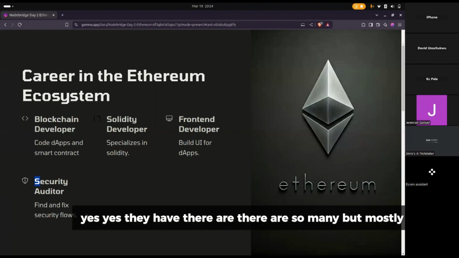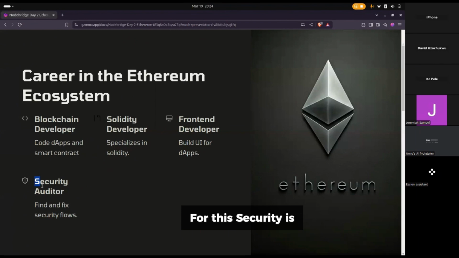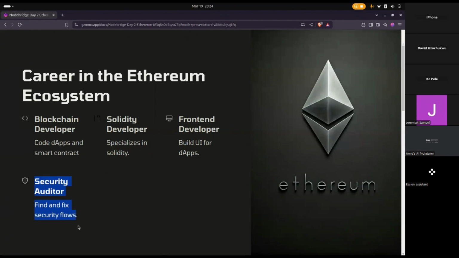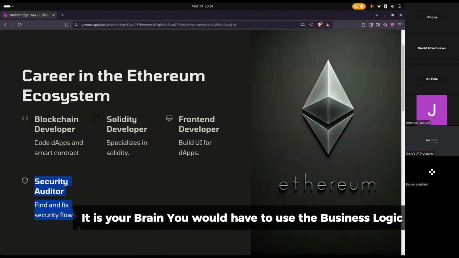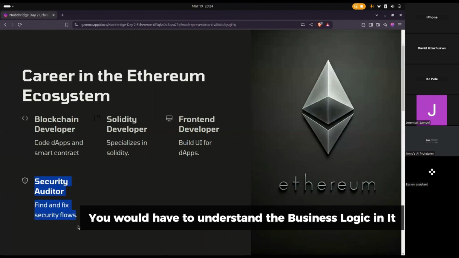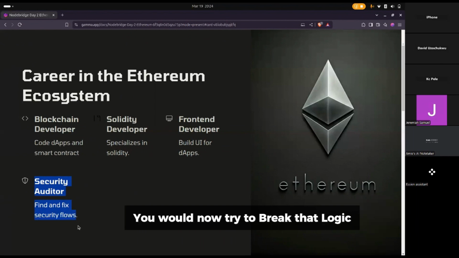There are so many, but most of the time it is your brain you would have to use. You would have to understand the business logic, and then try to break that logic.